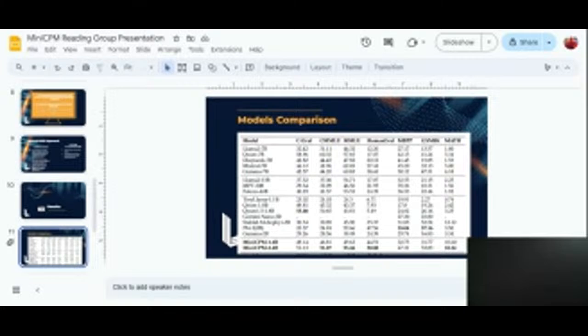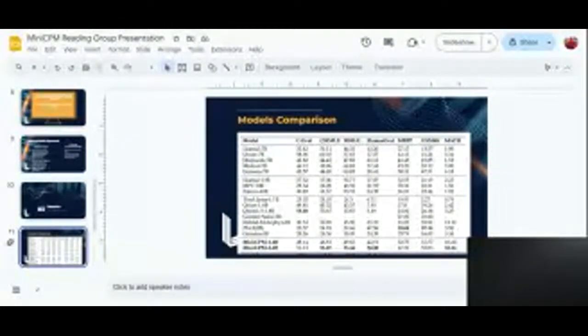MiniCPM strikes a good balance between power and efficiency. It is important to remember that these models are tested on different things, as mentioned on the top, so direct comparison is not always the perfect option. But overall, MiniCPM shows great promise, especially for tasks that require understanding NLP.